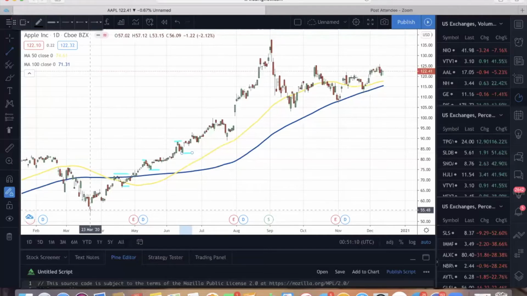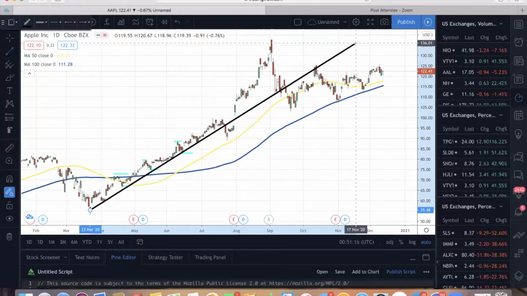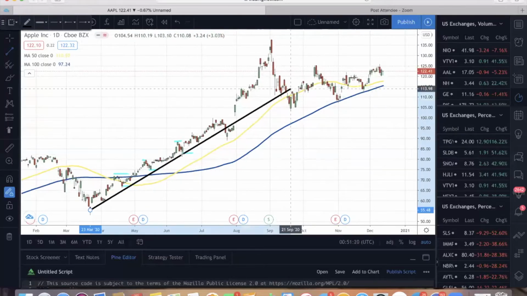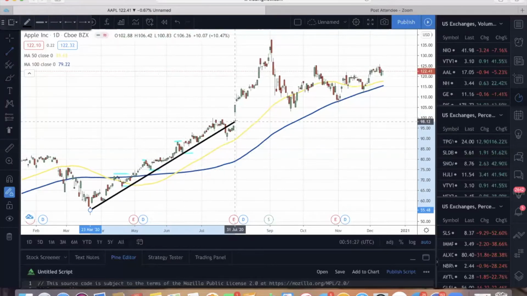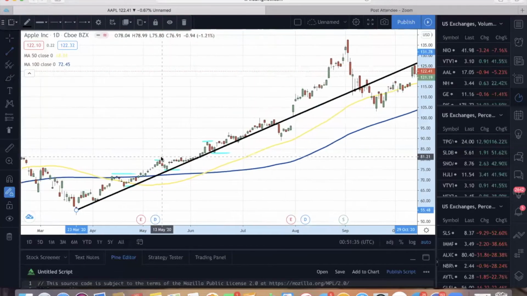So if you start your trend line here and move it on up, since we know it's an uptrend, we want to connect it with as many points as possible on this chart. Every single point that I can connect to this trend line makes it more valid.